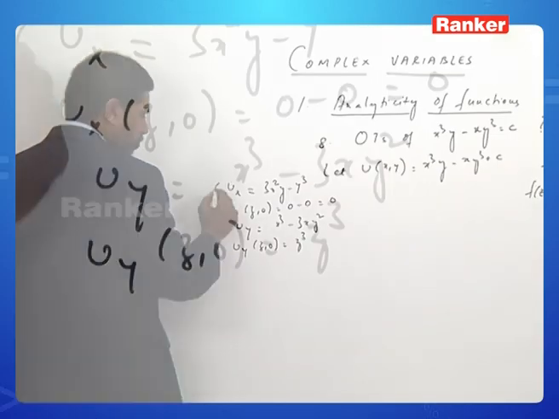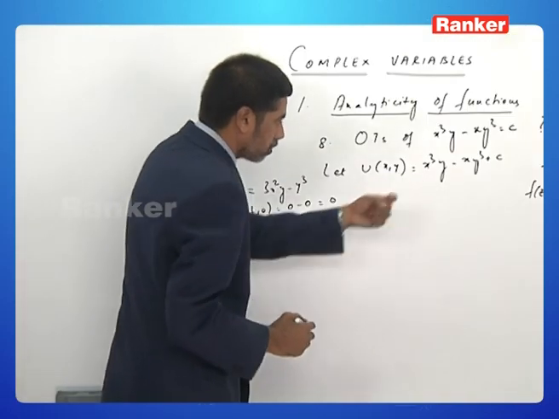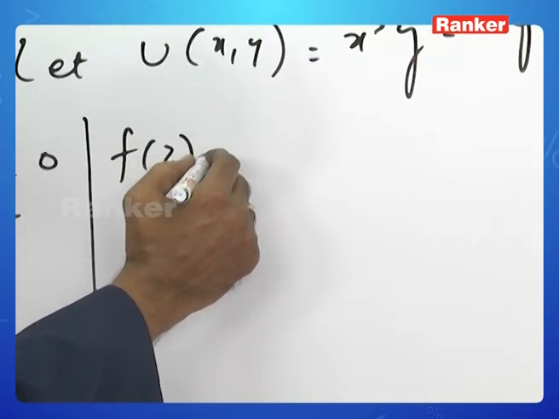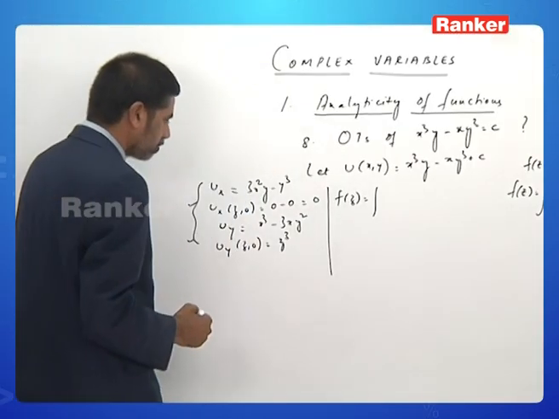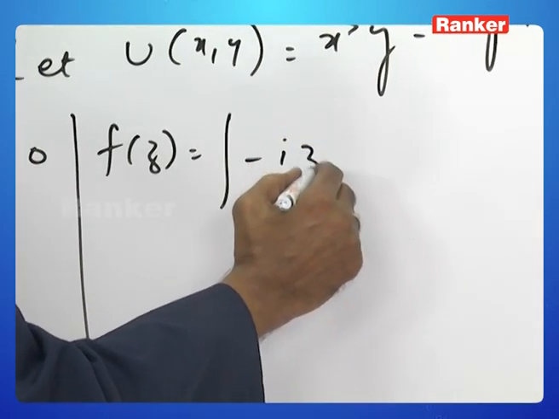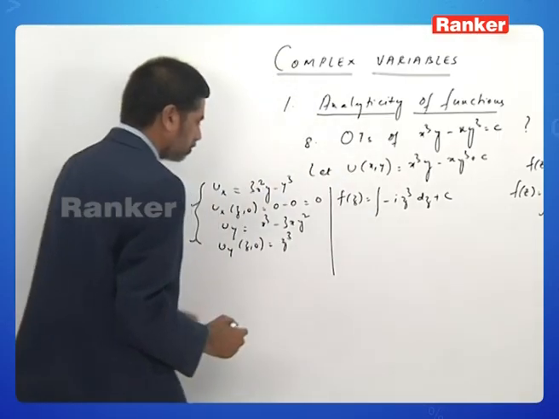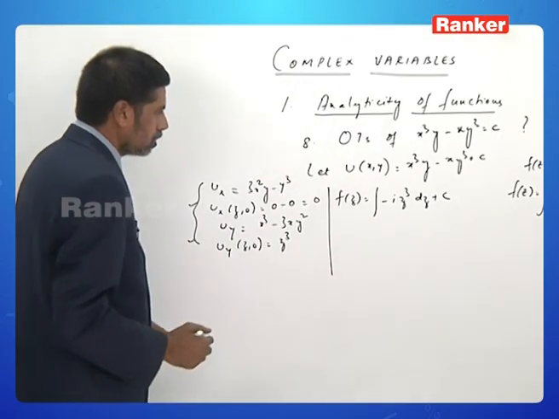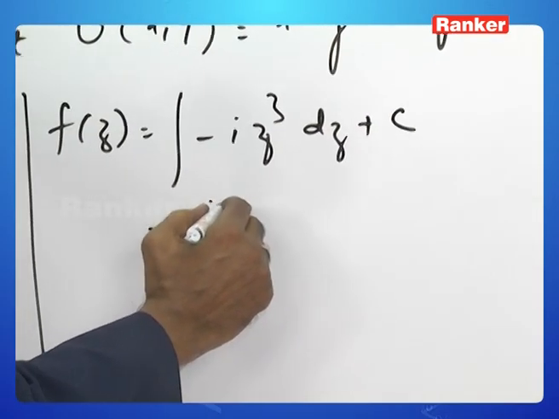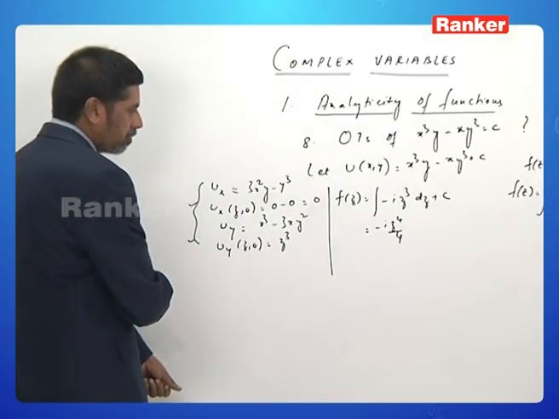So if you now substitute ux and uy into the Milne-Thomson formula, f of z will be integral of minus i z cube dz plus constant. So when you integrate this, you get minus i z power 4 by 4, of course plus constant.